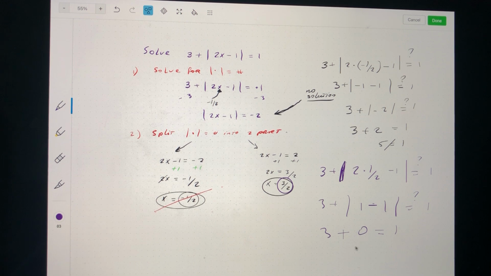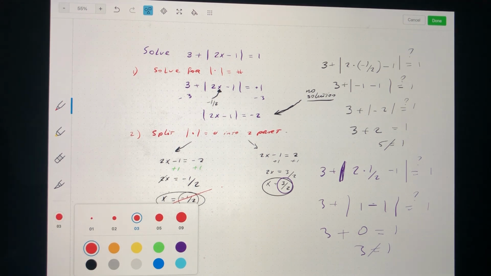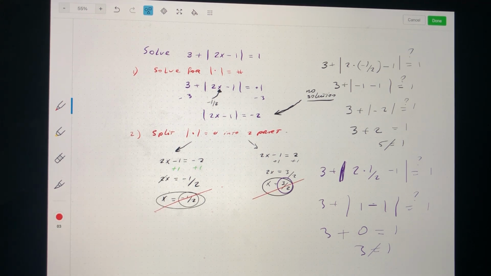And that says 5 is 1, which of course is also not true. And that means the second solution is also no good. And that's it. We have found 2 solutions and none of them work. So what is the final answer? No solution is exactly the answer. So our first instinct that something's wrong with this question is actually correct.